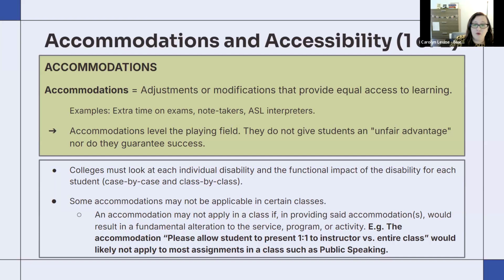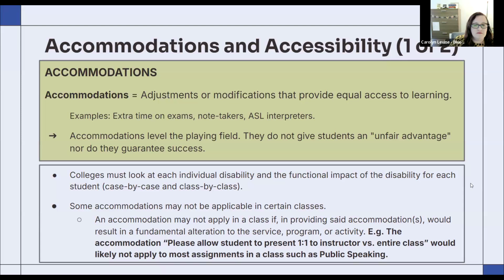So again, we're looking at each individual disability and the functional impact of that disability for each student. So it's case by case and class by class. There might be accommodations that are not applicable in certain classes. So when would that happen? That could happen when providing said accommodation would result in a fundamental alteration to the service, program, or activity.